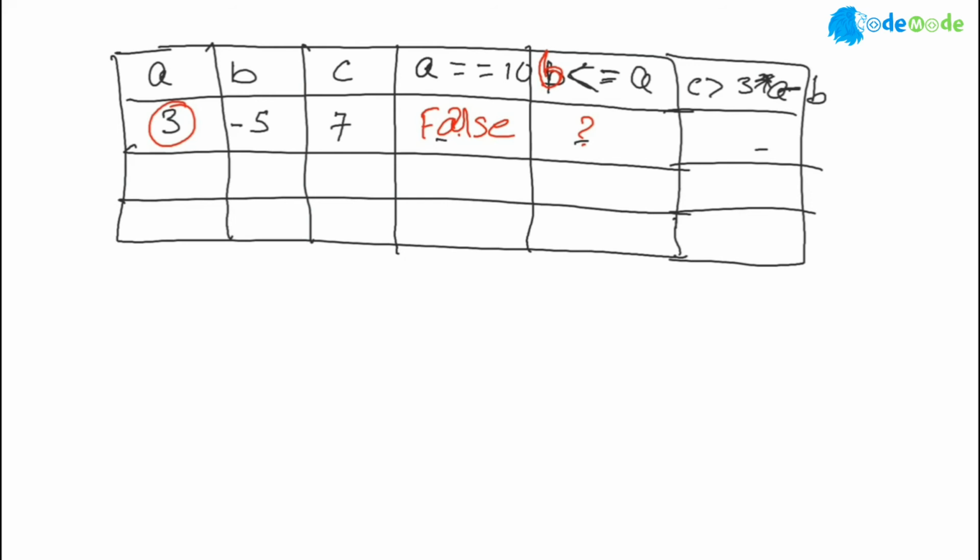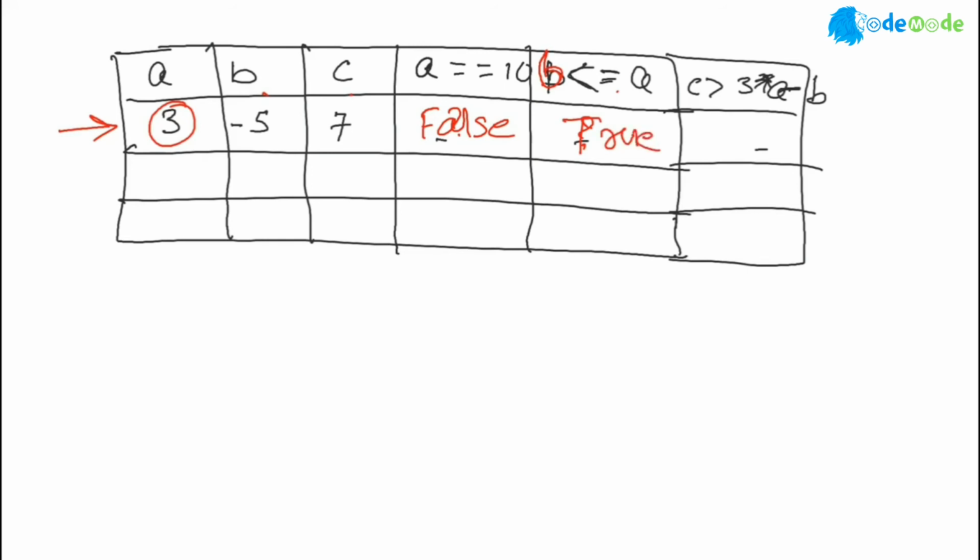Is B less than or equal to A? Answer is true or false here, based on the current values. So true. B is -5 and A is 3, so -5 is less than 3. True. Yeah, it is. Good job.